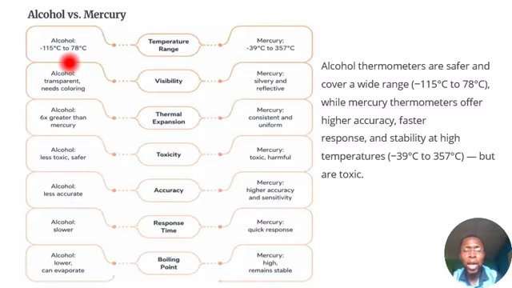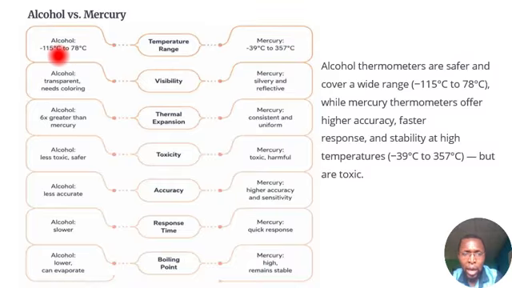Now let us compare the thermometric liquids that I have just mentioned, especially these two common ones, the alcohol and the mercury. Let's begin by comparing them in terms of temperature range. Alcohol ranges from minus 115 degrees Celsius to 78 degrees Celsius, while that of mercury is between minus 39 degrees Celsius and 357 degrees Celsius.